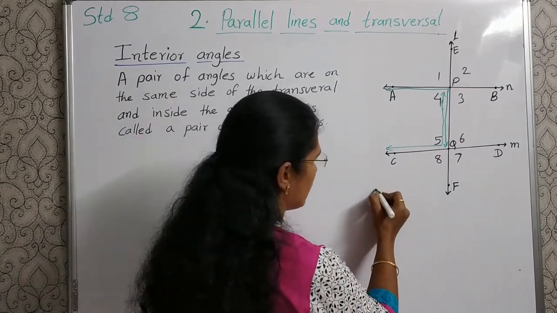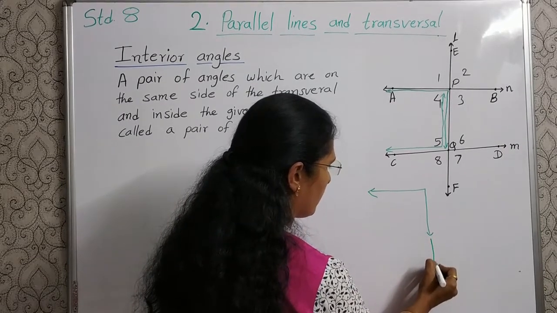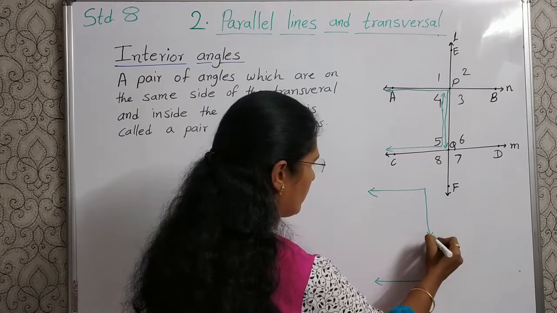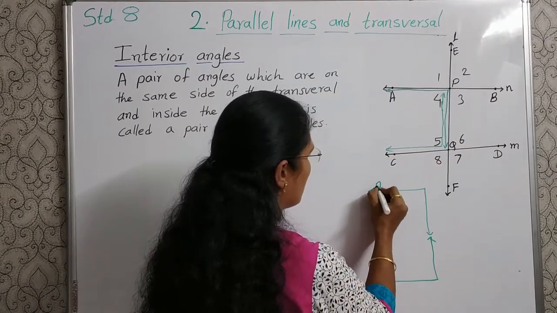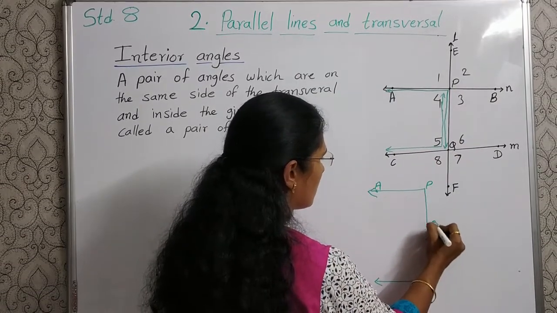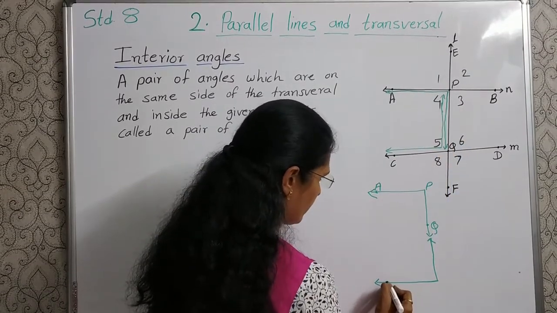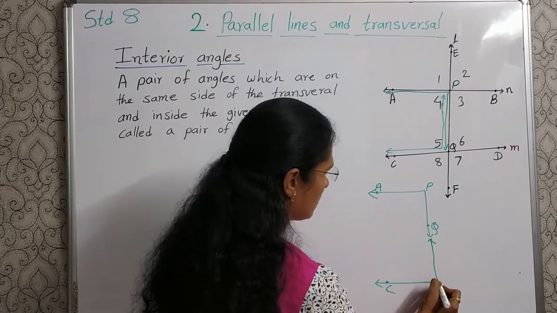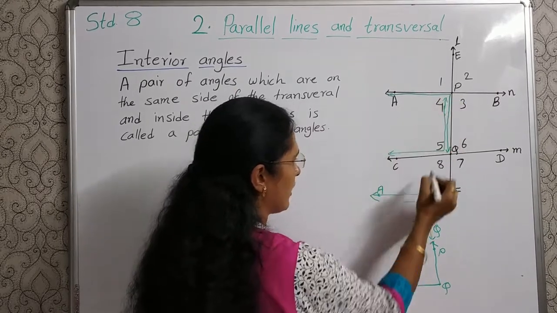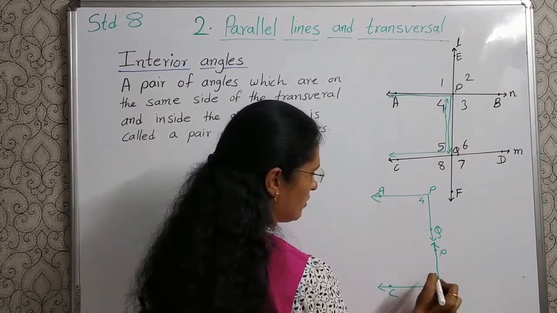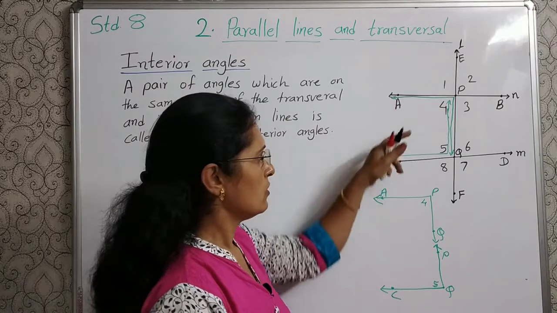If I draw them separately here down, it will look like this: angle APQ and the other angle CQP, that is angle 4 and angle 5, which we numbered here in the figure.